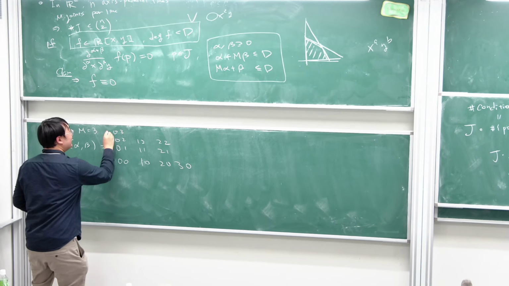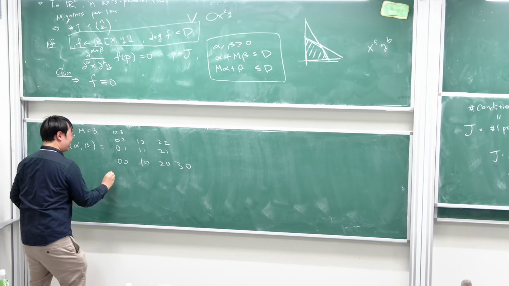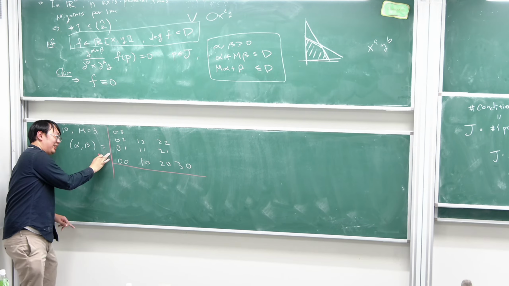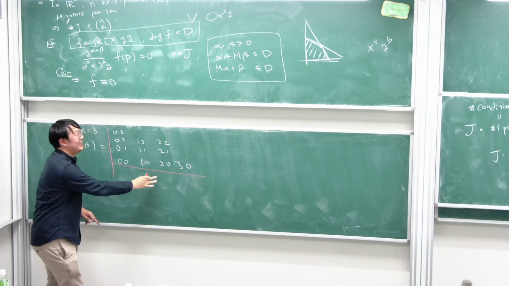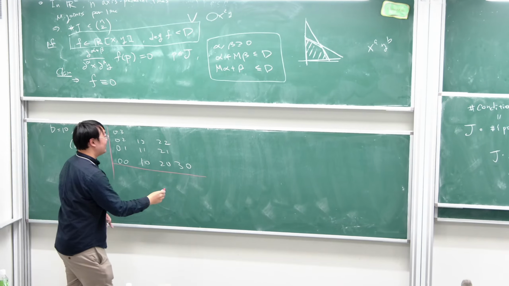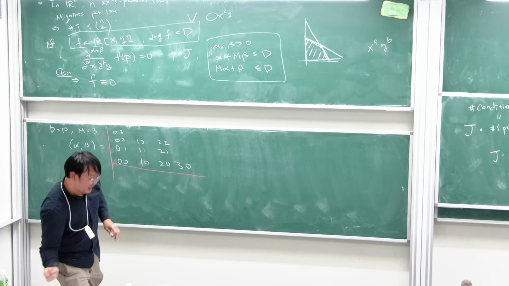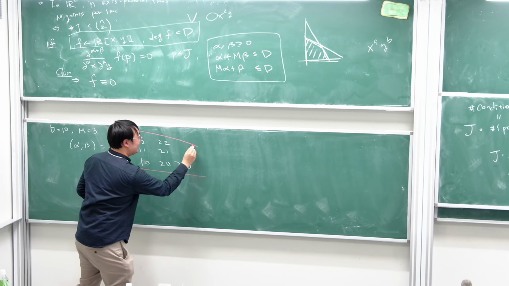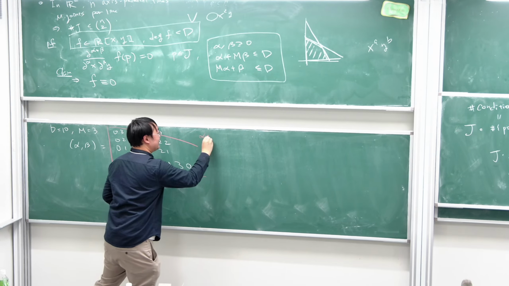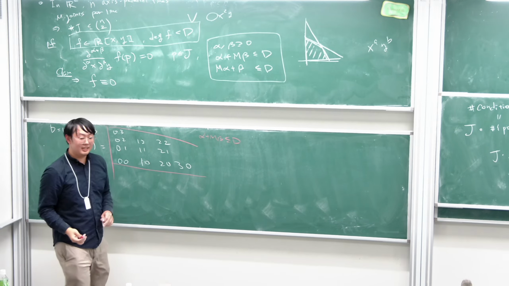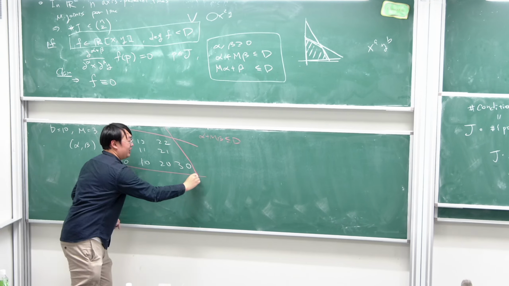Okay, so there are 4 inequalities. The first one says that alpha is at least 0. Second one says that beta is at least 0. And the third one is this one. I give you alpha plus m beta is less than or equal to d, and this will be the fourth inequality here.